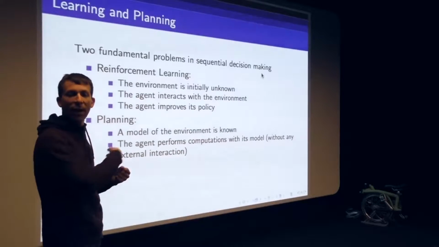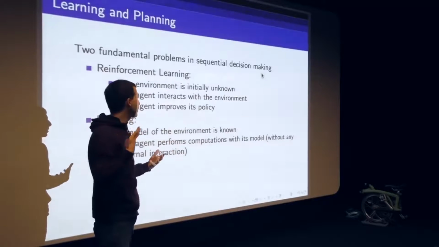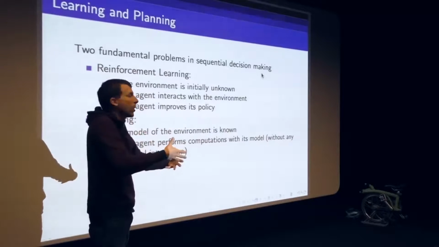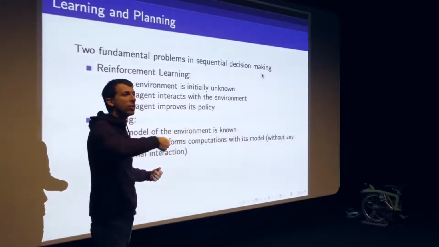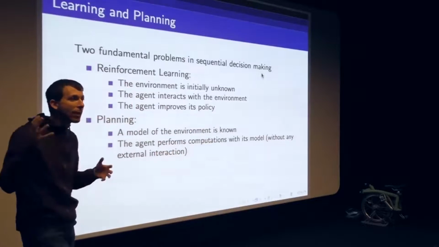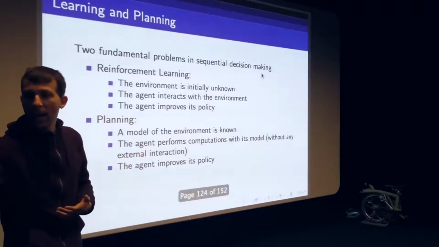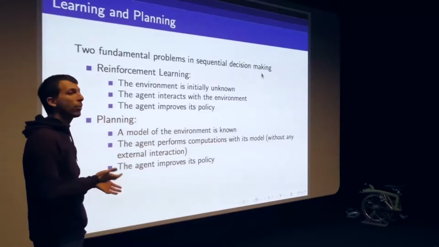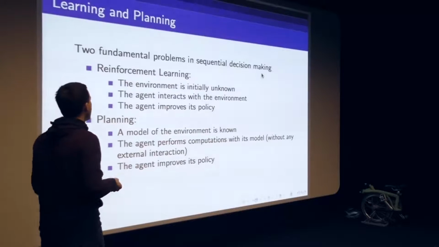And instead of interacting with an environment, the agent performs internal computations with its model now. It's given this perfect model. It's given computation time. It interacts with its model. It doesn't actually have to do anything in the real world. It just thinks for a while, figures out what to do next. Maybe it's doing look-ahead planning. And as a result of those interactions, it improves its policy and comes up with a way to behave. But they're very different setups.